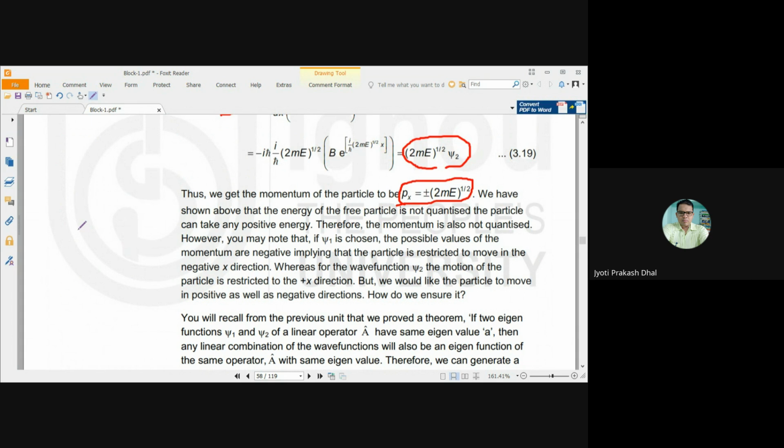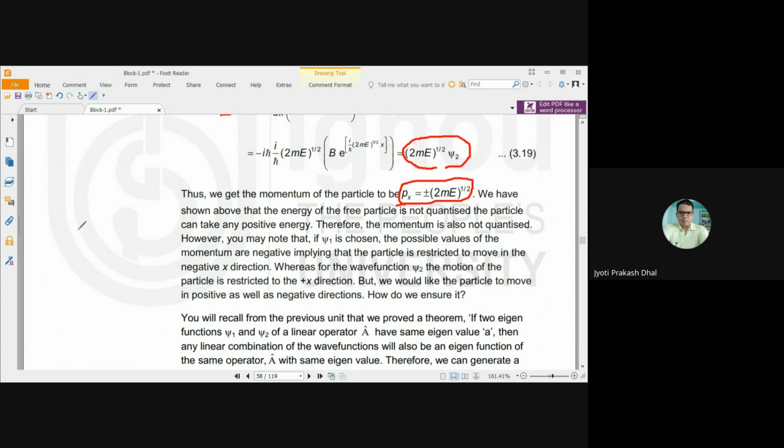Therefore, as the energy of the free particle is not quantized, the momentum will also not be quantized. However, you may observe that if the first wave function psi1 is chosen, then the possible values of the momentum are negative, which implies that the particle is restricted to move in the negative x direction.